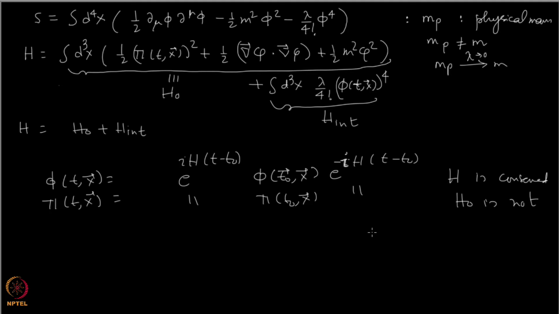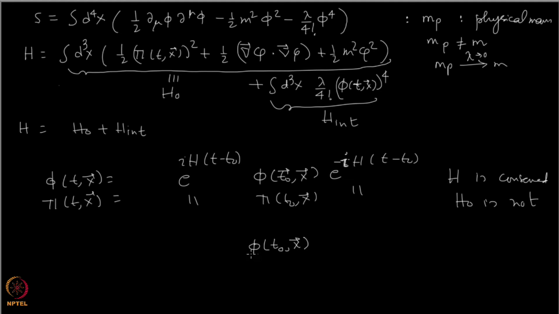Okay, so now what I will do is I will take the field configuration at some time t naught and also the momentum density configuration at some time t naught and evolve it with free part of the Hamiltonian, with h naught. So what I do is I take the field configuration, or the operator, at some time t naught.